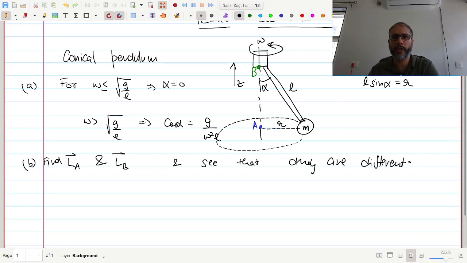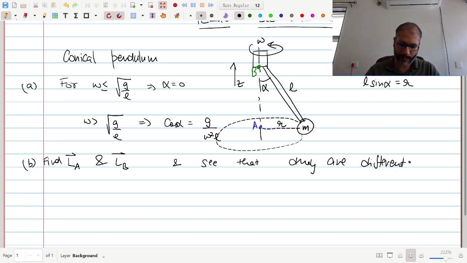So the whole motivation behind this part is to see that if we take different points around which angular momentum is taken, then the values are different. So the choice of the point around which we want to calculate the angular momentum has an effect.